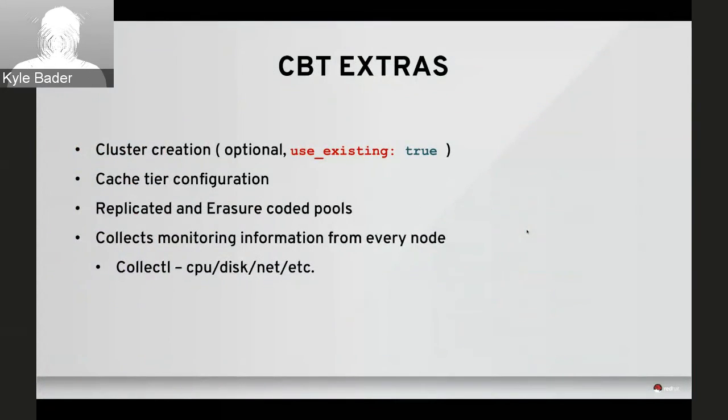And it collects monitoring information on every node during the test, right? So it collects disk, CPU, network, all those sorts of system level metrics, and process information, which is also important, from all the machines, both the clients, the OSDs, and the monitors.